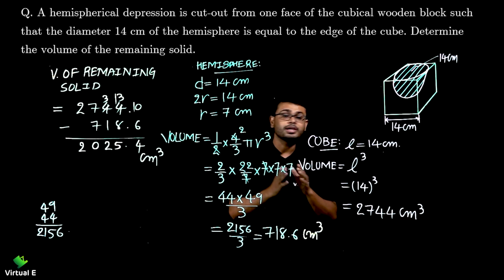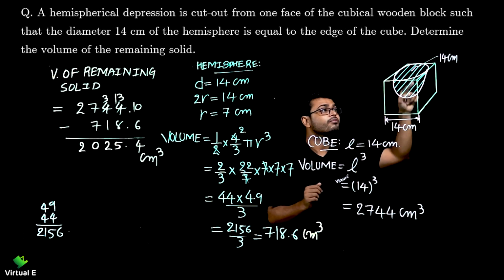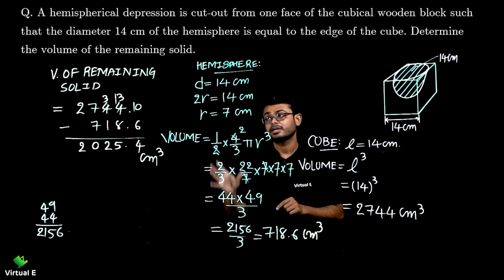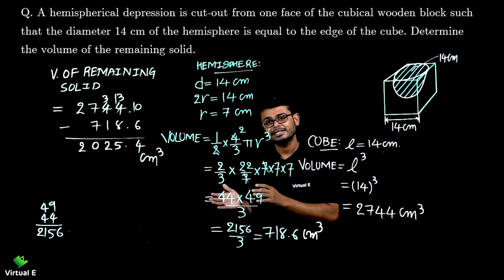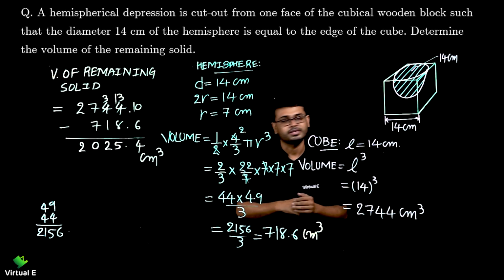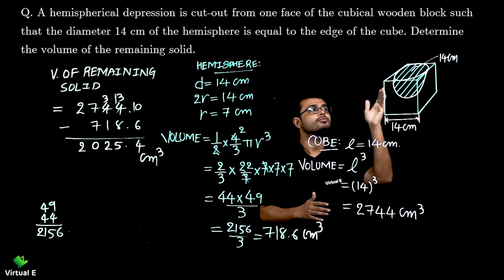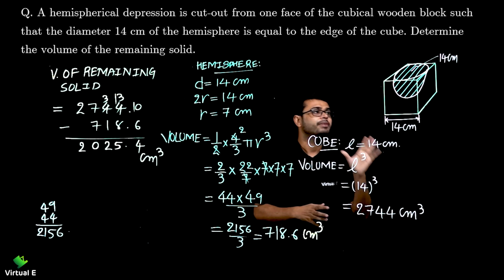While we talk about the surface area, we are talking about one layer of it. This is the difference that you need to remember. Here we are subtracting the volume, while in that case we added the surface area. So let's recall one time: find the volume of the cube, then the volume of the hemisphere, subtract, and you will get the volume of this remaining solid.